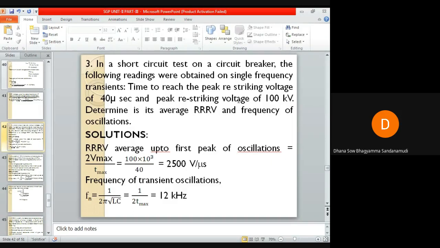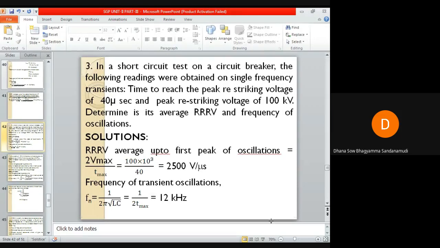If you know T max and V max, you can easily determine the average rate of rise of restriking voltage and the frequency of transient oscillations. This is a very simple and easy problem. If you complete, inform me. As soon as you complete, just inform.